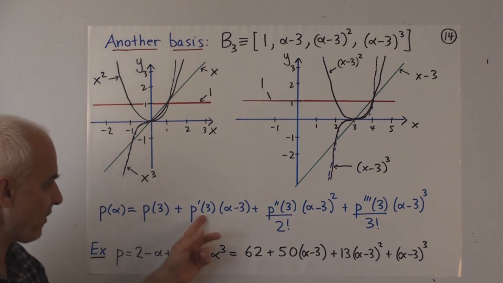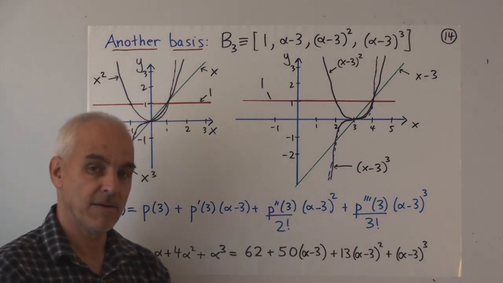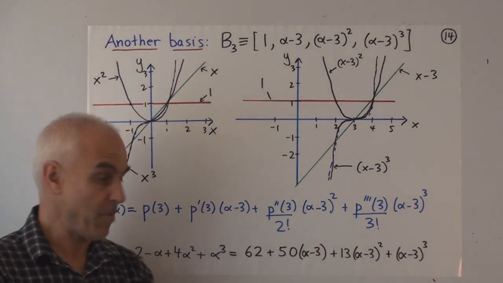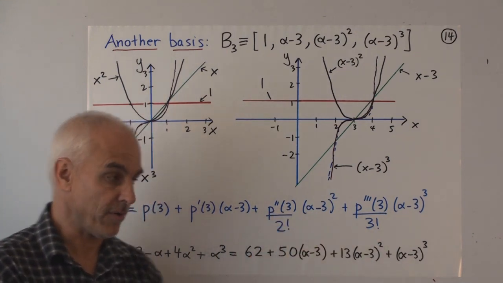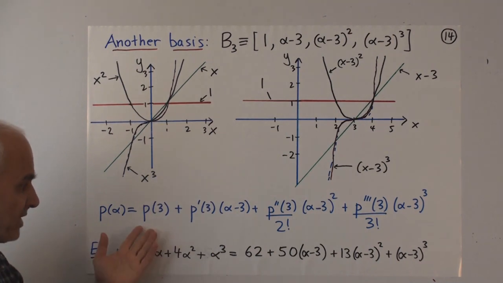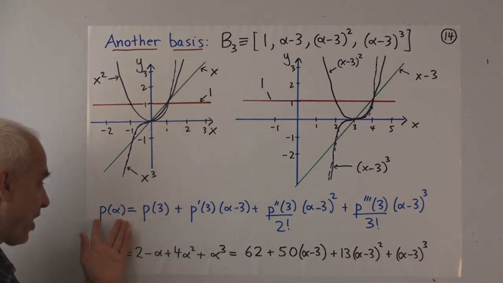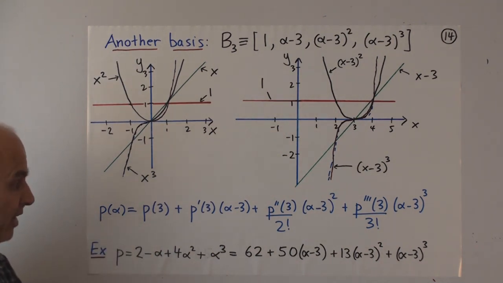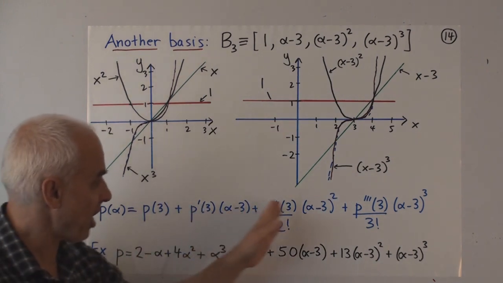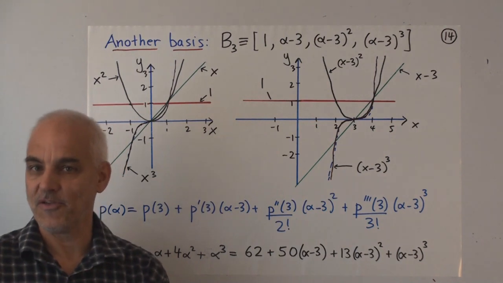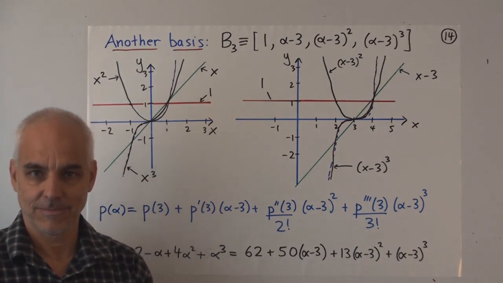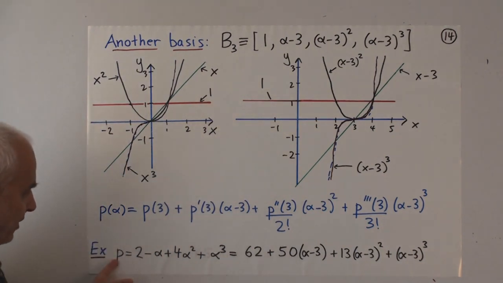We saw that the coefficients involved successive derivatives of the polynomial evaluated at 3 divided by factorials. This is just an expression for a general polynomial expressed as a linear combination of the 4 polynomials in this basis. So for example, suppose we take this particular polynomial, 2 minus alpha plus 4 alpha squared plus alpha cubed.